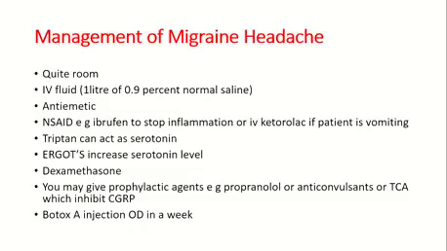You can give dexamethasone. You may also give prophylactic agents like propranolol, anticonvulsants, and CGRP antagonists, which inhibit the calcitonin gene-related peptide receptor that causes vasodilation in the head. Or you can give Botox injection once in a week. You can give it one time in a week.